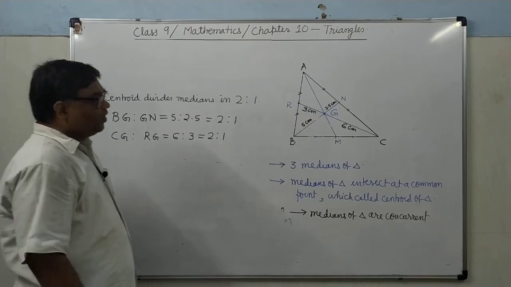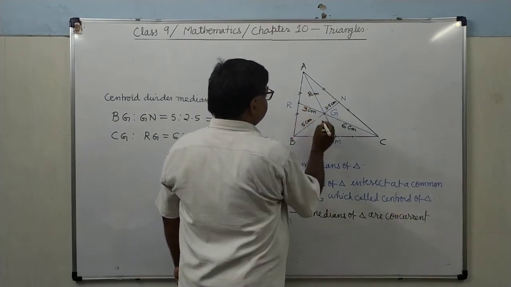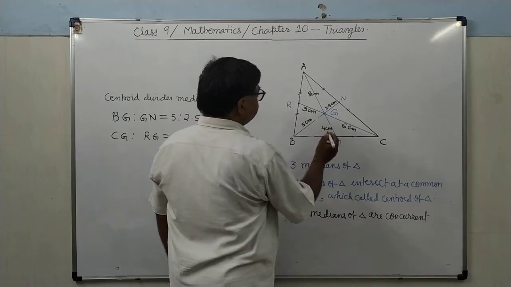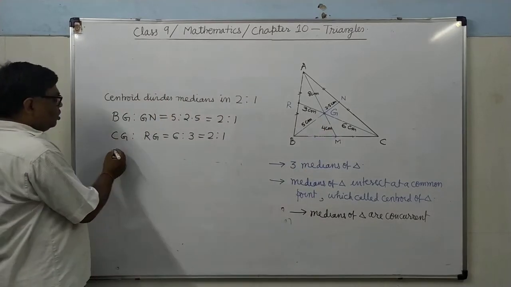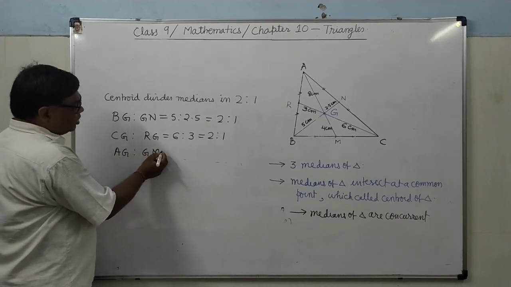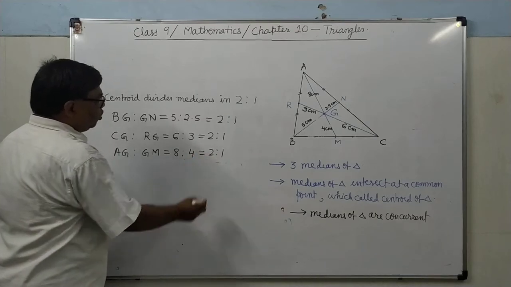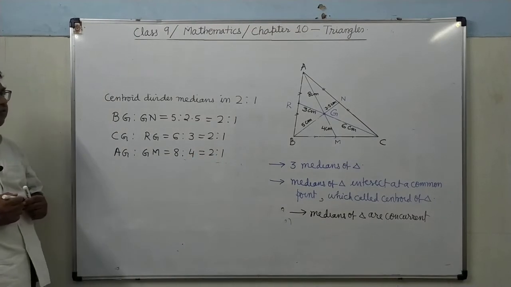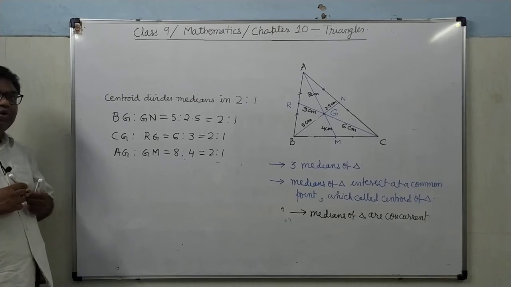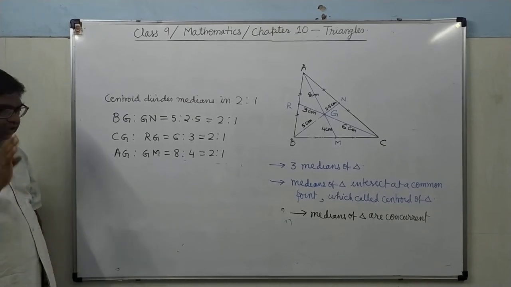Similarly, if AG equals 8 centimeter, then GM will be equal to 4 centimeter. So AG to GM will be 8 to 4, that is 2 to 1. So the centroid divides the medians in the ratio 2:1. It's clear? So this is one property of the centroid.